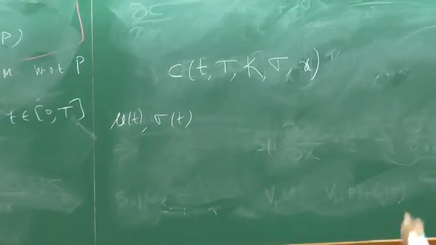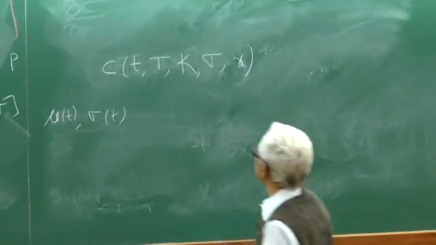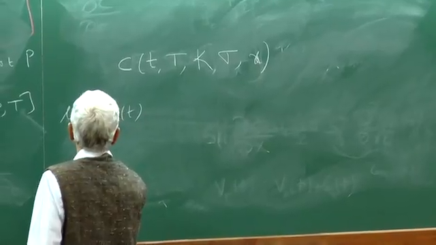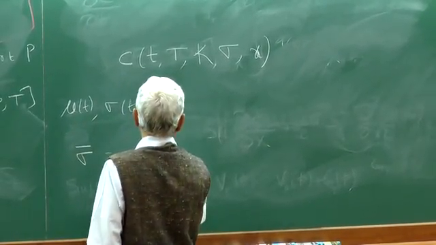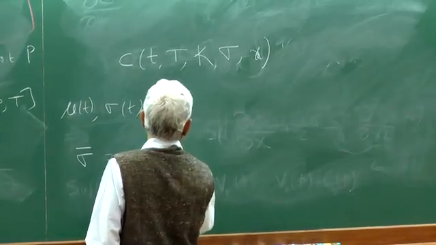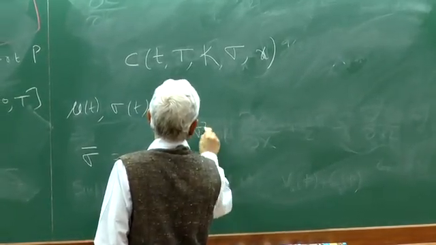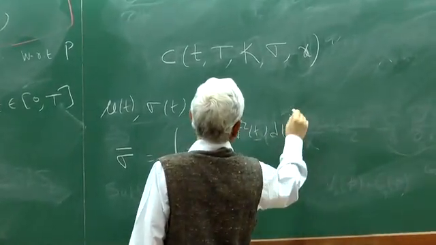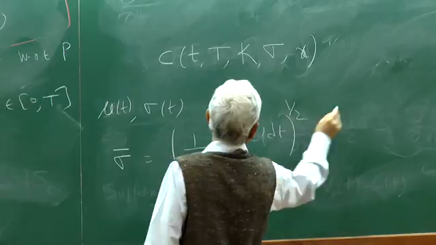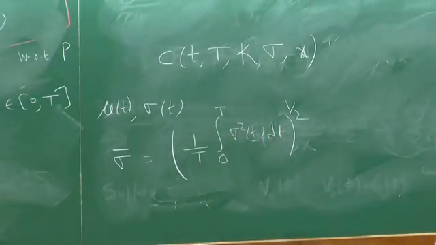So if sigma is a function of time, then what you do is you calculate a sigma bar, which is 1 over t, integral from 0 to t of sigma square t dt, and take this and replace sigma with sigma bar.